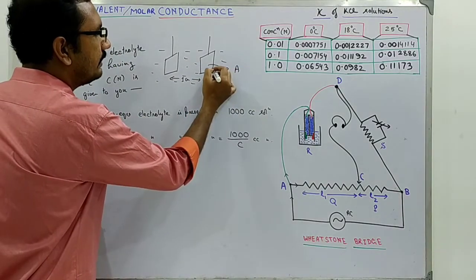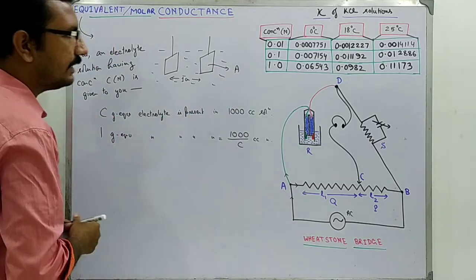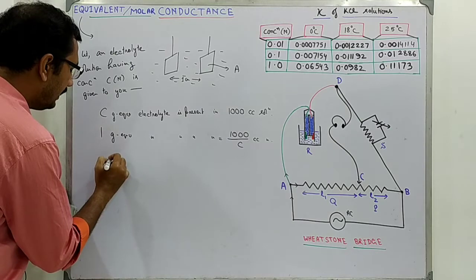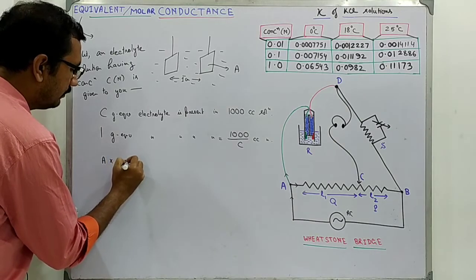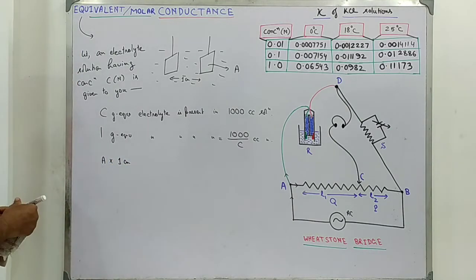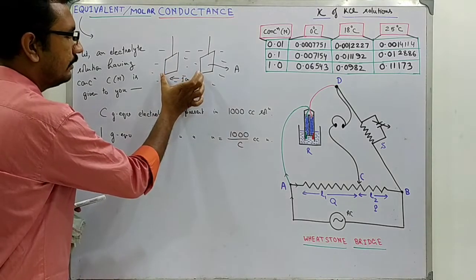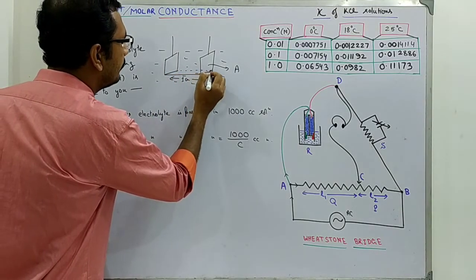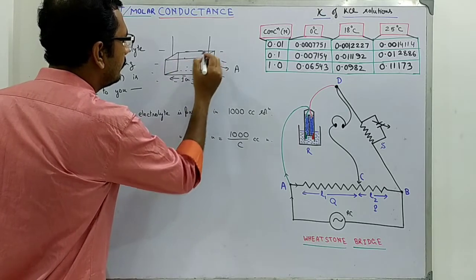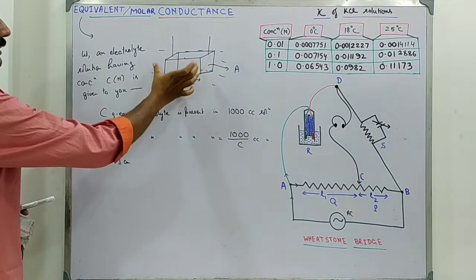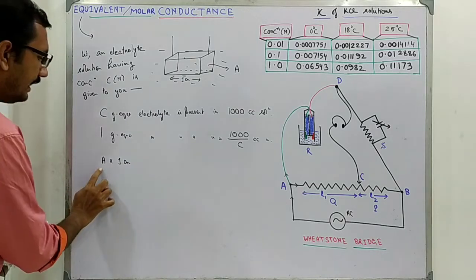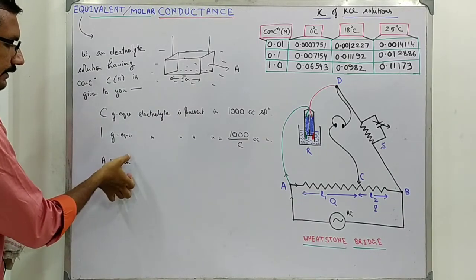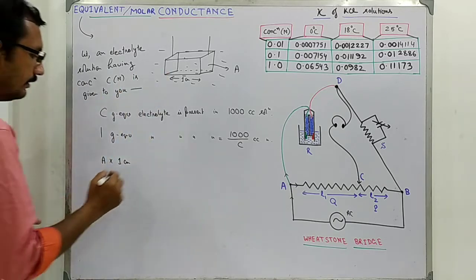Now, if we consider the surface area of the electrode to be A, then A into 1 centimeter, since these two are placed 1 centimeter apart. So, the volume enclosed by these two electrodes will be A into 1 centimeter, that is surface area into distance.